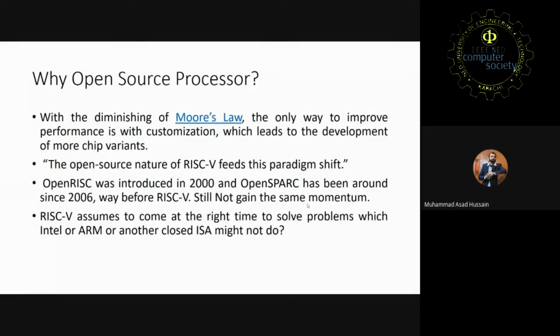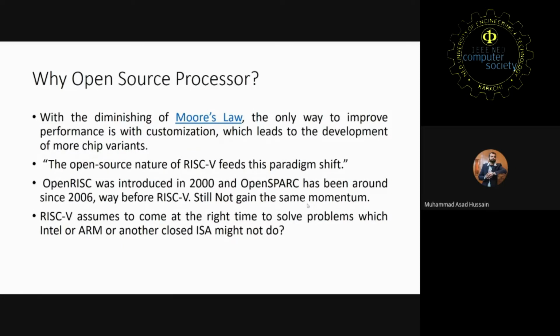RISC-V is an instruction set architecture that was formally introduced in 2015, although it started in 2010 at UC Berkeley. And it's not the only open source ISA that is available.